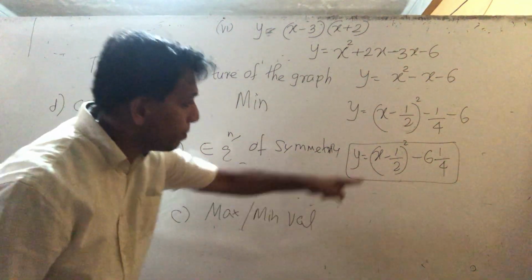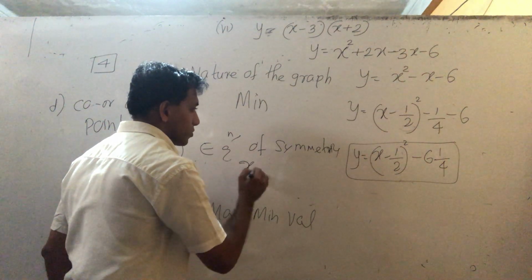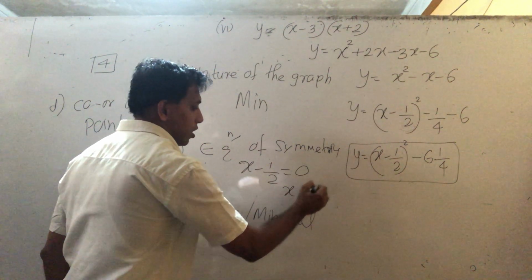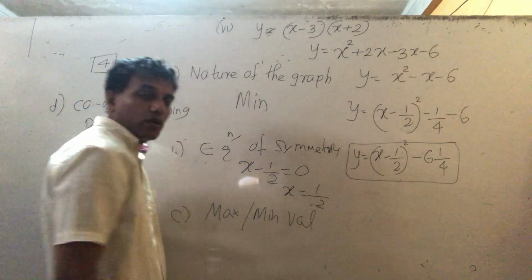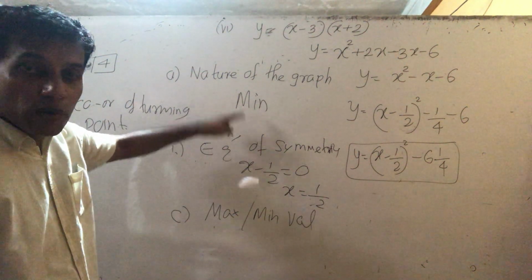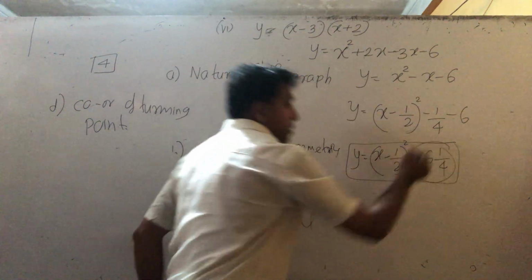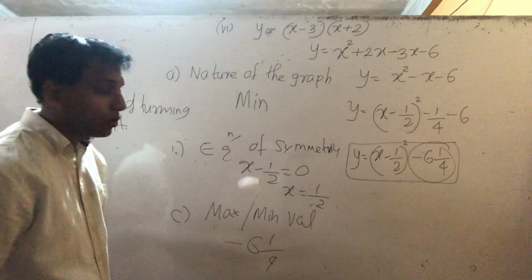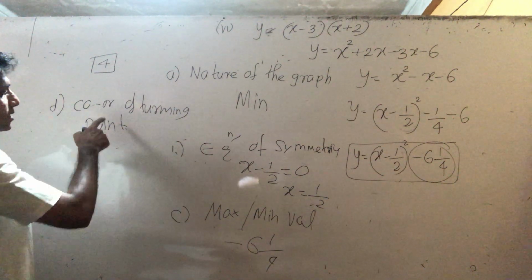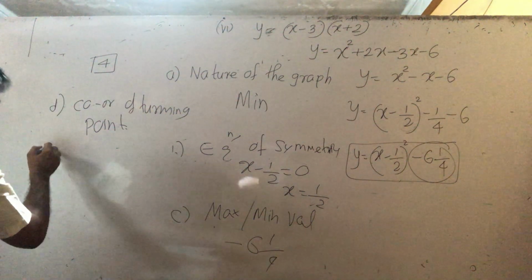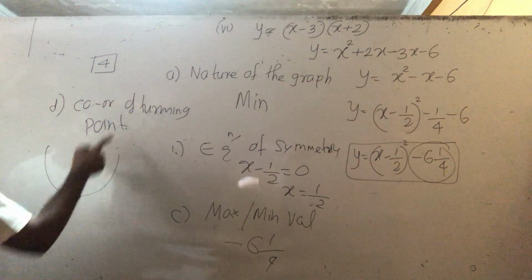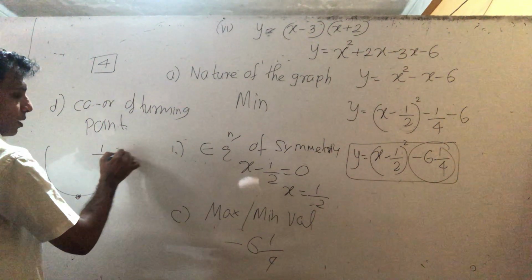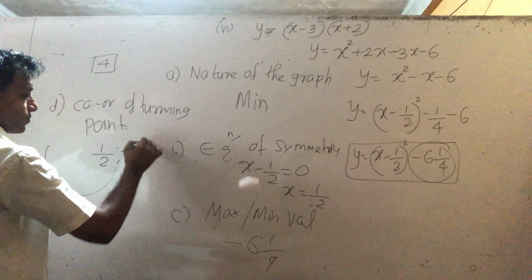Symmetric equation: make the bracket 0, so x equals half. We mentioned minimum, so what is the minimum value? This one, minus 6 and a quarter. The turning point, the graph's minimum turning coordinates, is (half, minus 6 and a quarter).